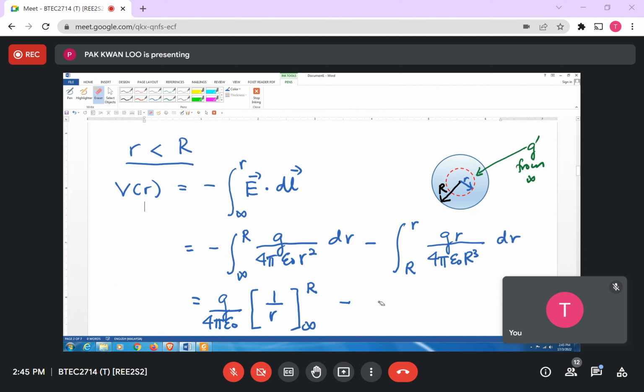Again, q over 4 pi epsilon naught R cubed is constant, so I can factor it out. Integrating r dr becomes r squared over 2, evaluated from R to r.